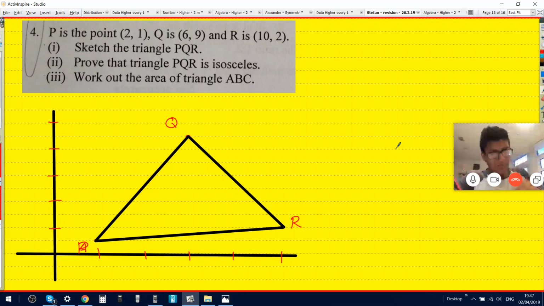And then we can do QR. Coordinate R is 10, 2. So 6 to 10, that's 4. The change in x is 4 again, and the change in y is 2 to 9, that is 7.